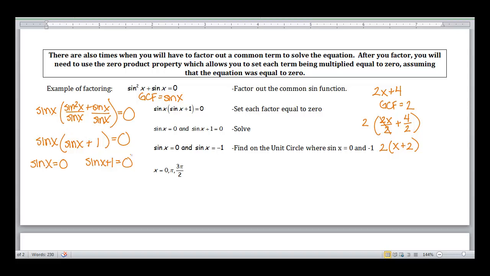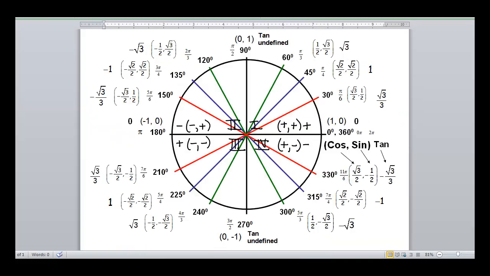From here, you're really just solving each one individually. So I could subtract 1 and get that sine of x is a negative 1. This one's already solved for. So what that means is on my unit circle, I'm looking for two different values now, because we had two different equations we solved. I want to know where sine is a value of 0, so at 0 and at pi.